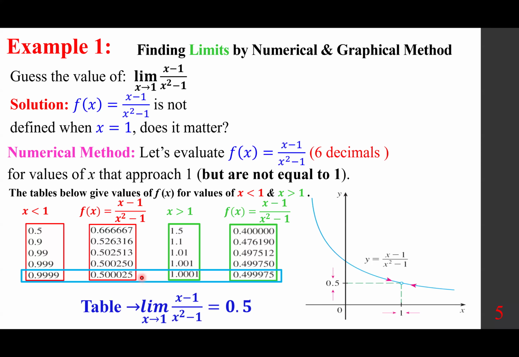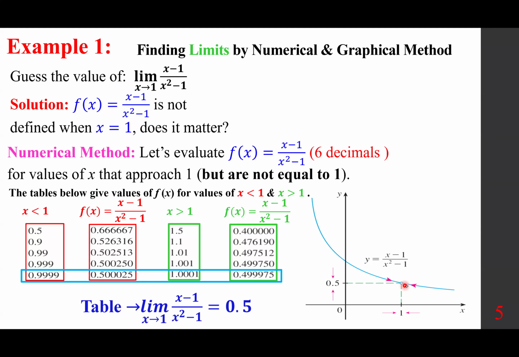Now let's look at it from a graphical point of view. I hope you remember when you want to graph a rational function, the very first step is to put it in lowest terms. So if there is a common factor between the top and the bottom, you drop it. And if there is a common factor, where the common factor happens at that x coordinate, you get a hole.